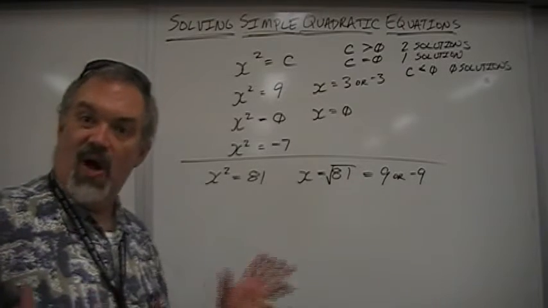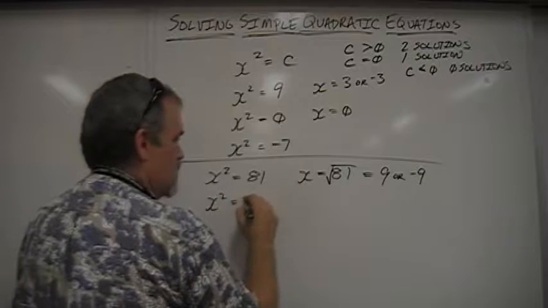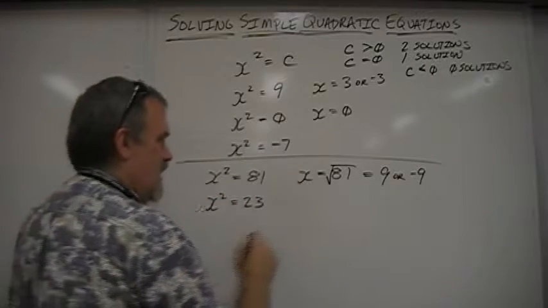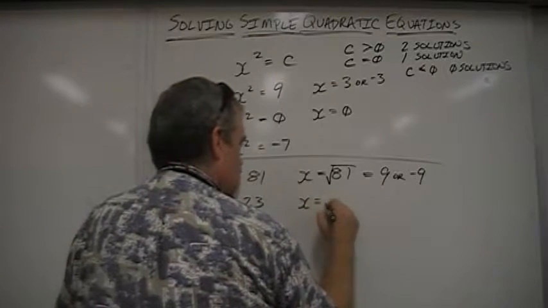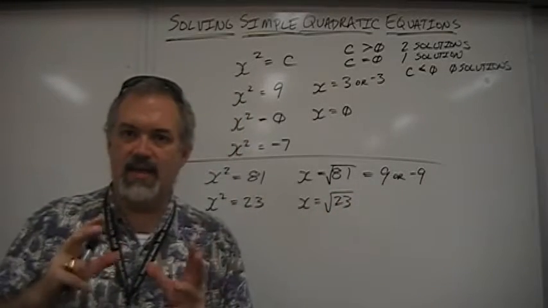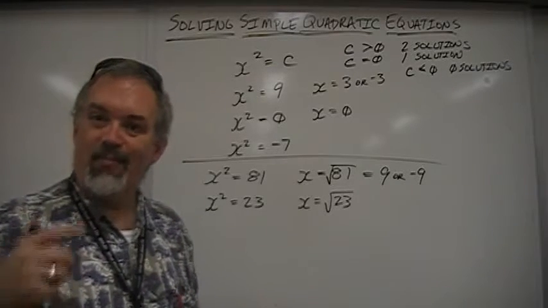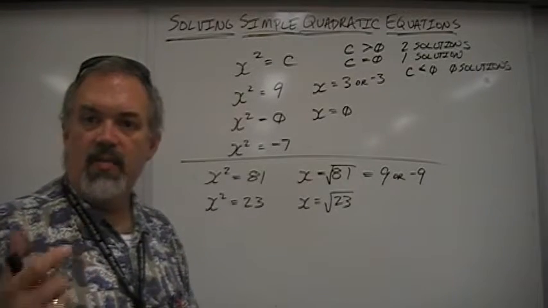Now, we can use all sorts of numbers for this. For example, we can say x squared equals 23. And again, that would mean that x is equal to the square root of 23. Now, 23 is not a number that we can easily say something multiplies by itself to give us 23. But we can approximate that number if we want, put it in our calculator.